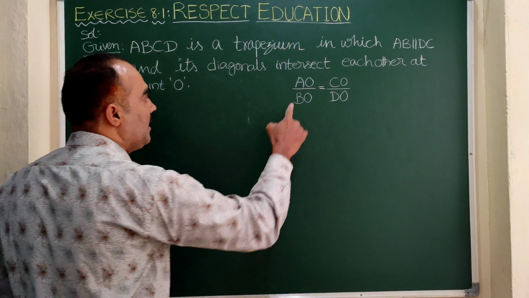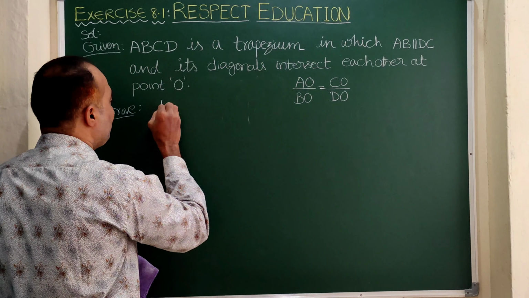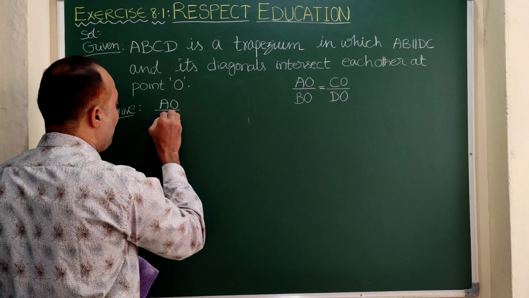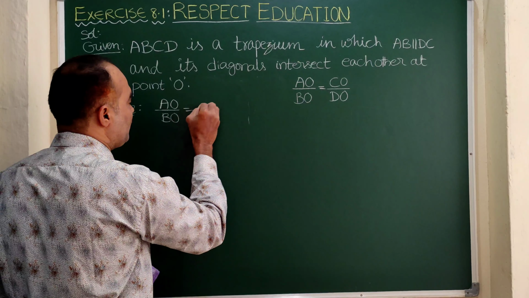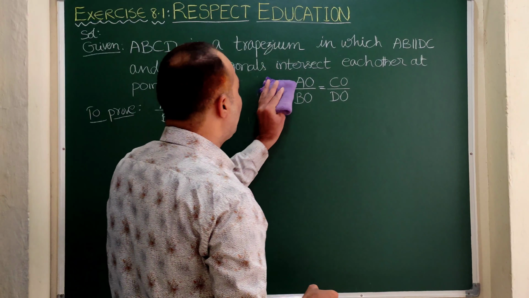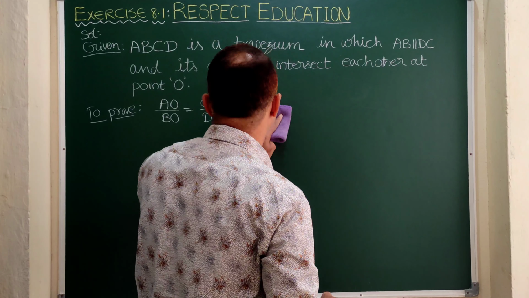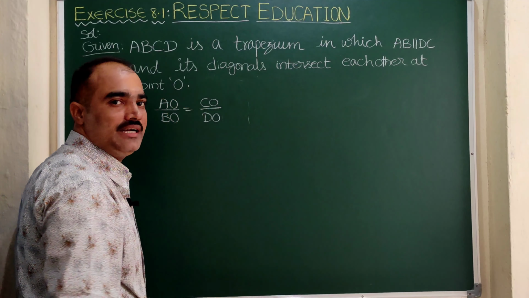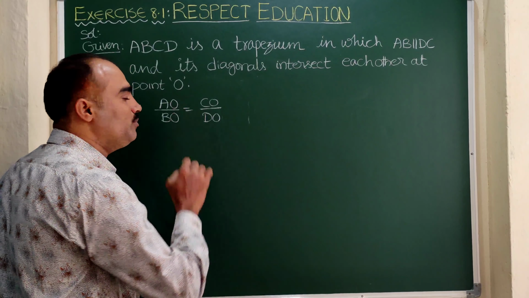What to prove here? AO by BO is equal to CO by DO. Now here let us remove this, so that this is the given condition and this is to be proved.